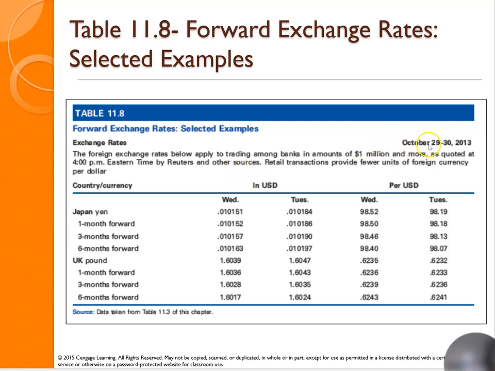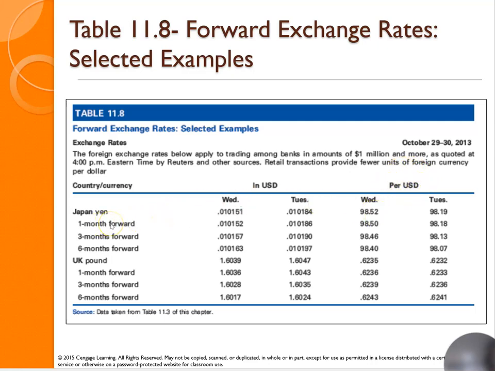This was for October 29th, 2013. Retail transactions provide fewer units of foreign currency per dollar. So this is basically the wholesale rate for when it's $1 million or more. And this just tells you in US dollars how much it was and per US dollar how much it was.